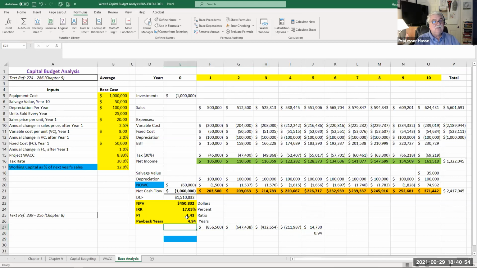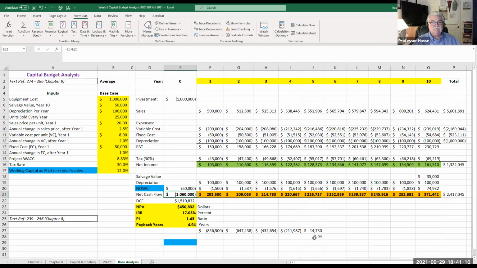A little bit under 5 years to pay back our amount of money. We're just taking the payback as we whittle down the $1,060,000. There's no discounting in payback. It's strictly how long until we recoup our investment. A little bit under 5 years.